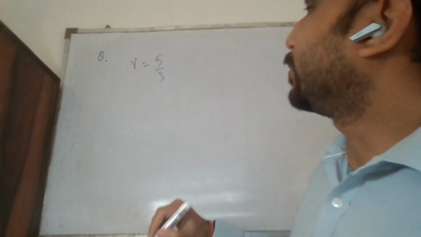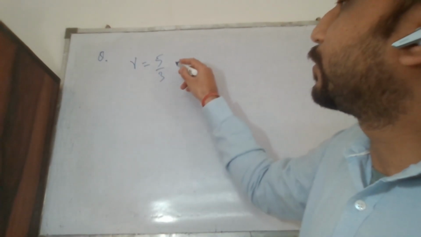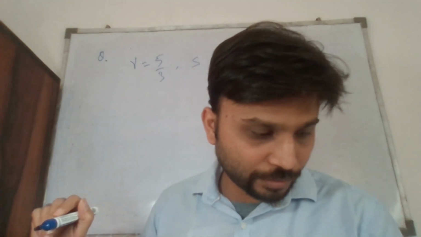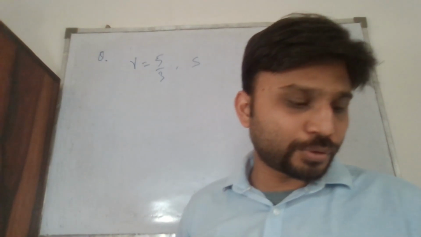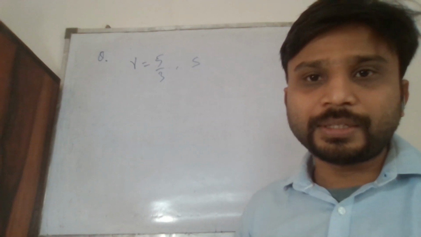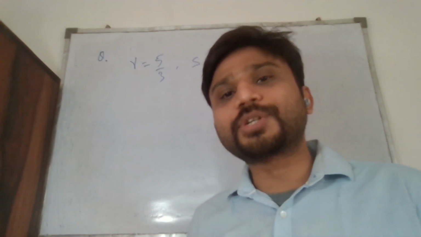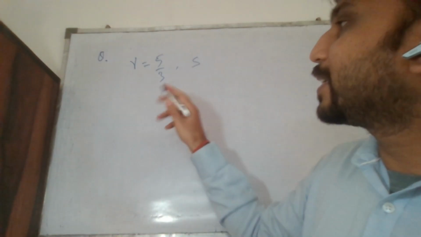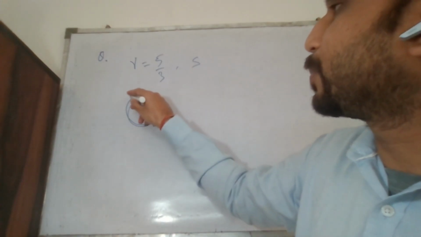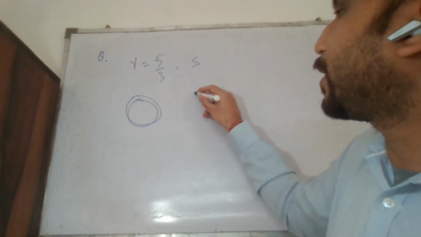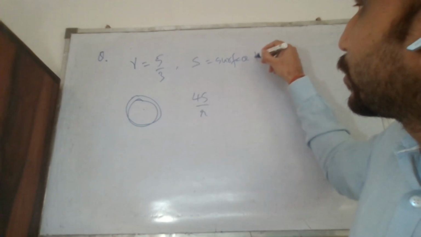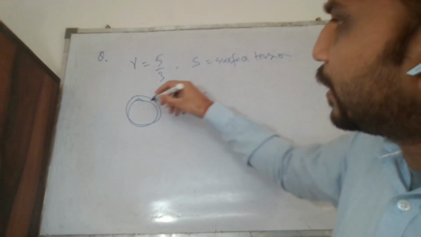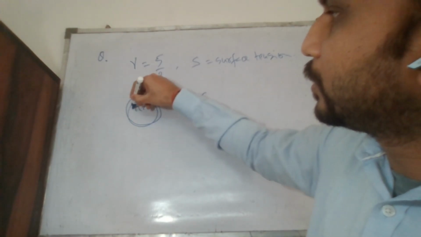So gamma is equal to 5 by 3, and surface tension is some s. The bubble is exposed to the atmosphere and it retains its shape. So obviously the bubble has to be in the atmosphere only. So inside a bubble, what is the net pressure? The extra pressure, I already told, is 4s by r. S is the surface tension and r is the radius of the bubble.